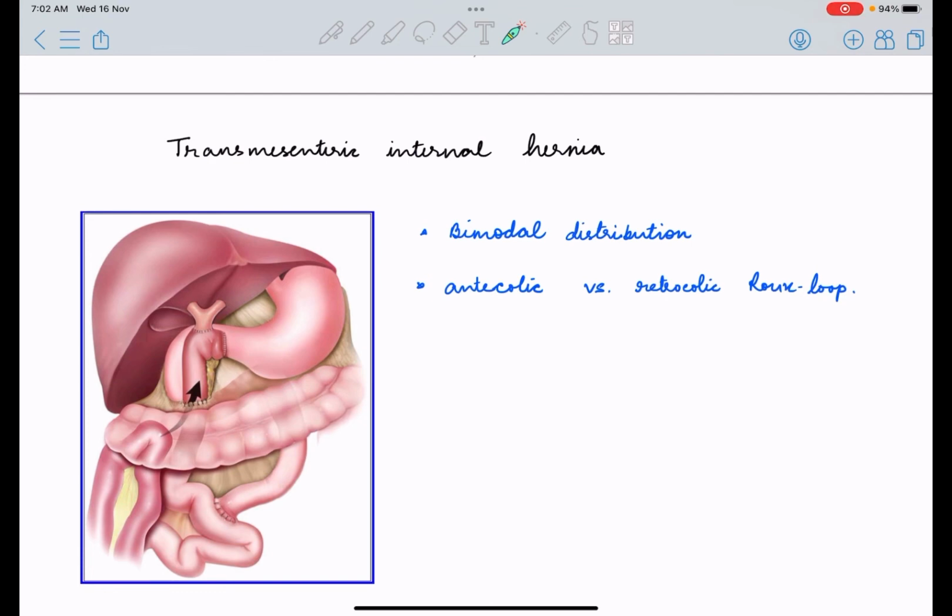But the problem is that a lot of bowel length is taken up for the construction of the roux loop. But in retrocolic roux loop construction or anastomosis, a defect is created in the mesocolon like this, and the loop is taken behind the colon and anastomosed. In this, less length of bowel is required, but the rate of internal herniation is high.